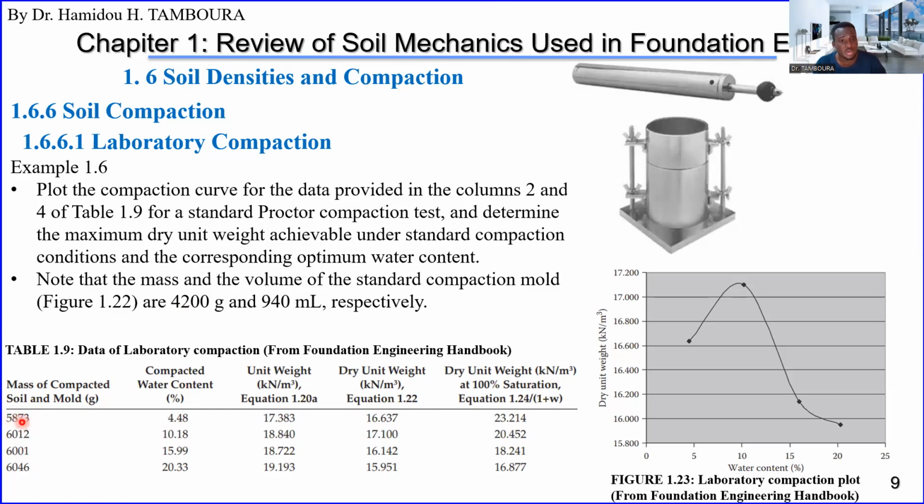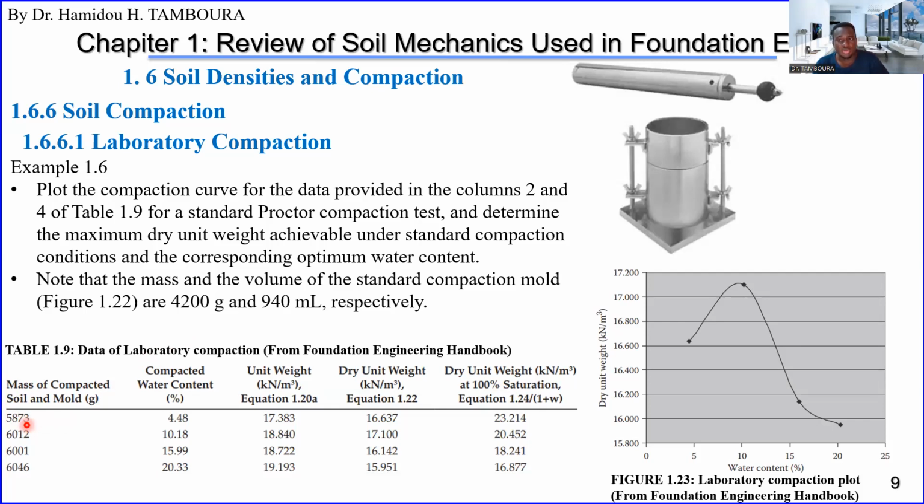For example, in the first trial, 5,873. If you take 5,873 minus 4,200, because this is the mass of the mold, you will obtain the mass of the soil, which here is 1,673, about 1.6 kilograms.